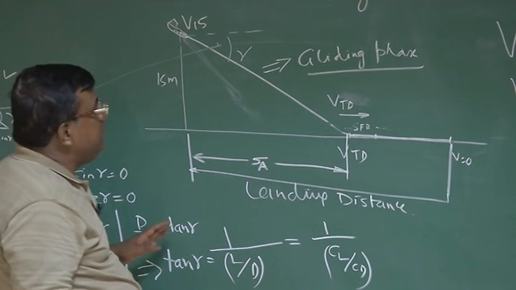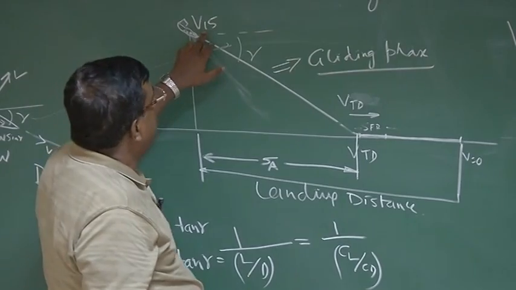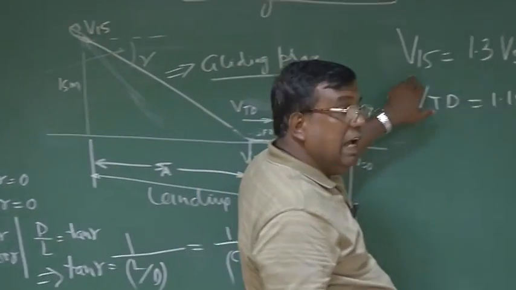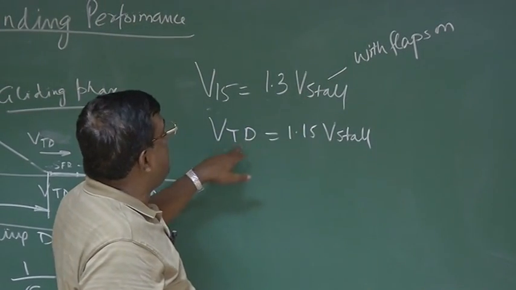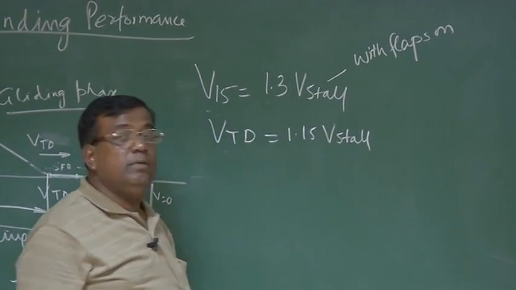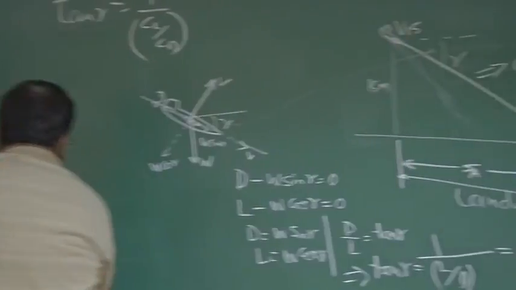And there are specified speed limits: V15, the V at 15 meters, should be 1.3 times V stall, and V at touchdown should be 1.15 V stall. This is to be maintained.